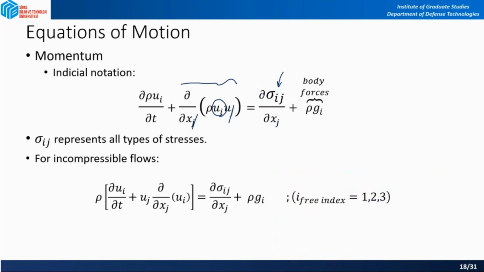So it could be a viscous stress, could be a normal stress, like pressure. Normal stresses, I mean pressure. And if the flow is turbulent, it could be even turbulent stress.